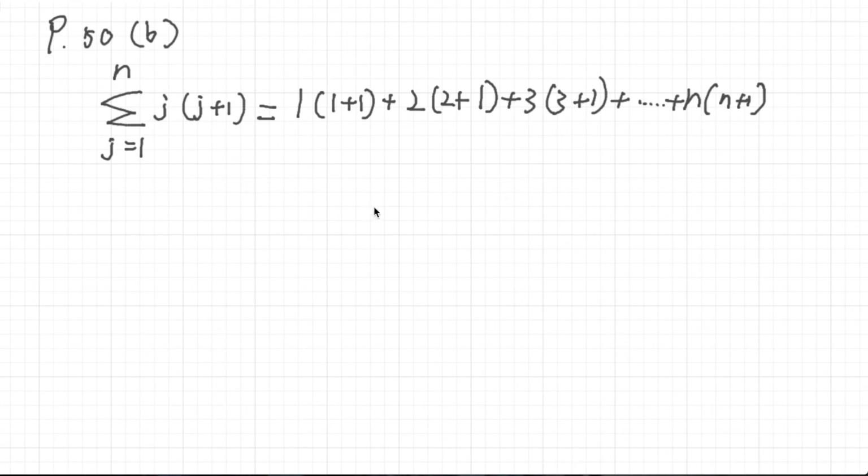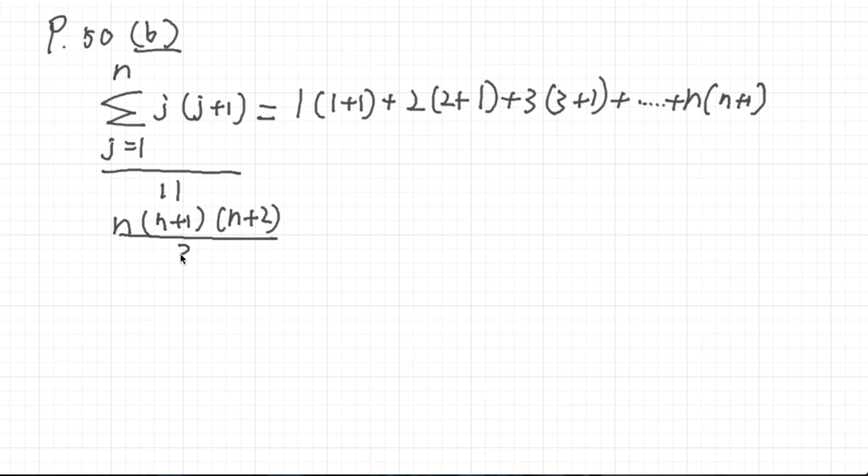So if we still stick with this example that is exercise B on page 50, we'll see that on the right side, this whole summation is going to be equal to n times n plus 1 times n plus 2 over 3. So we know that this sigma notation is equal to the sum of a sequence that's on the right side.